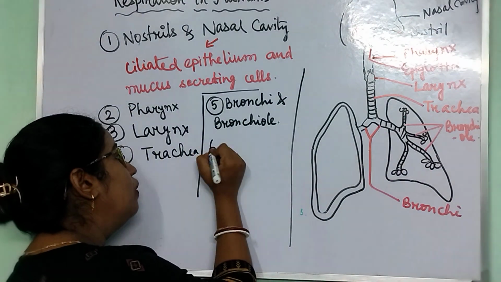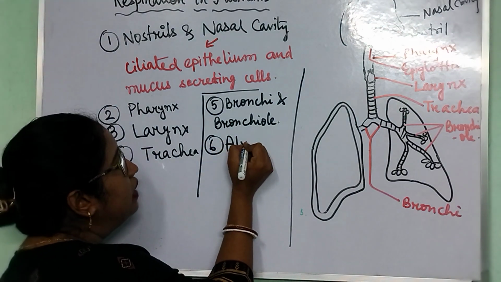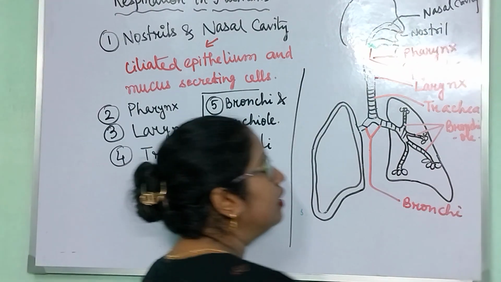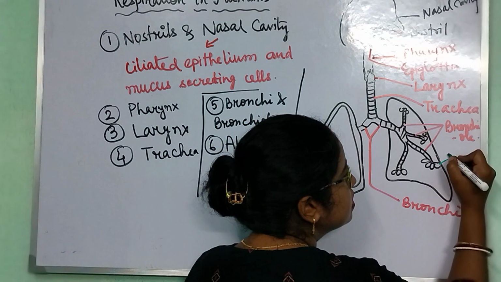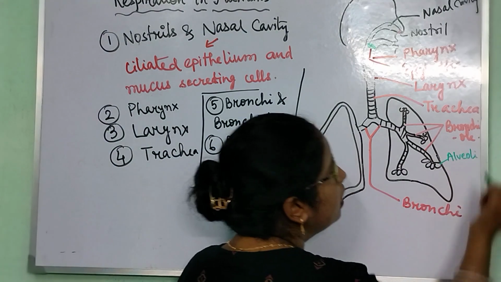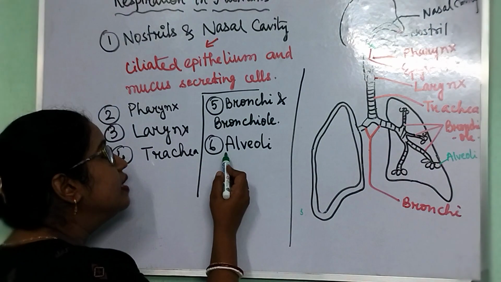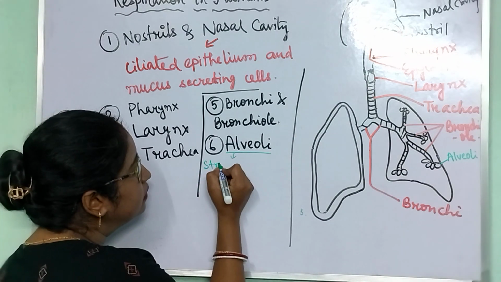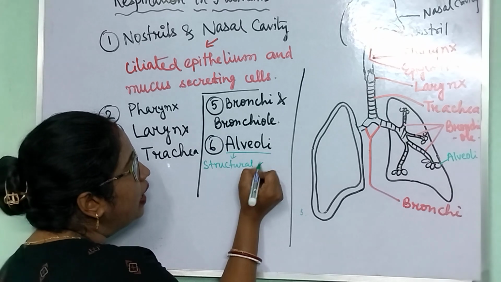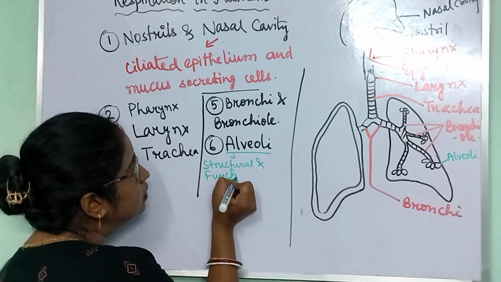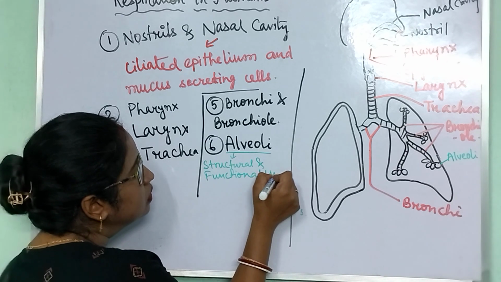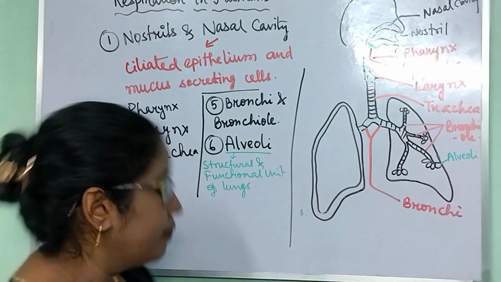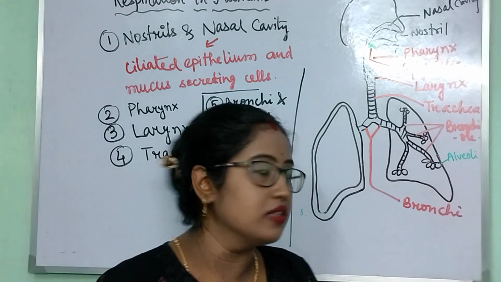So the sixth part of our respiratory system is the alveoli, the balloon-like structures. Alveoli are the basic structural and functional unit of the lungs.